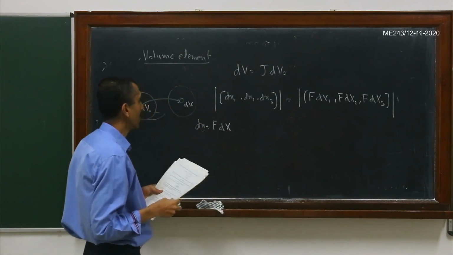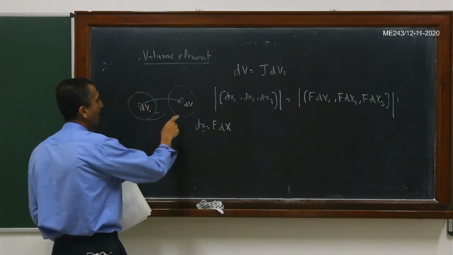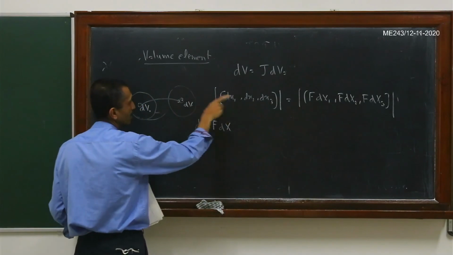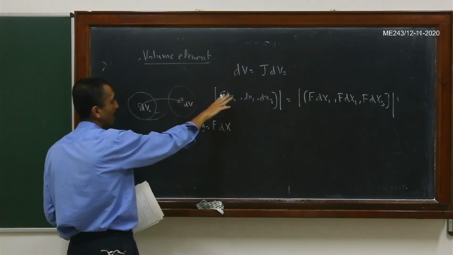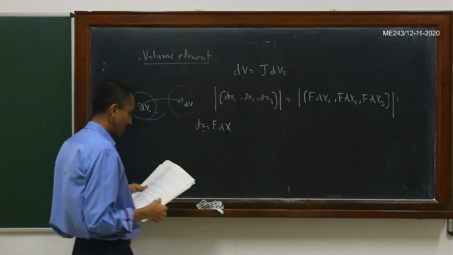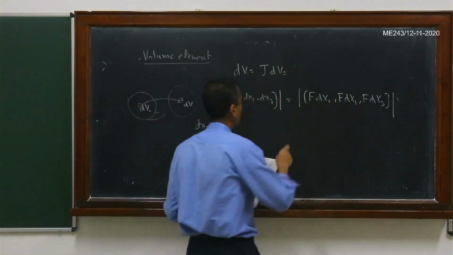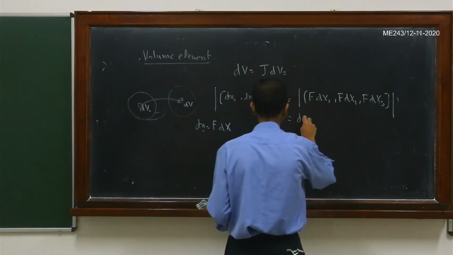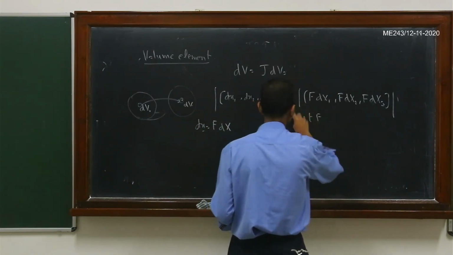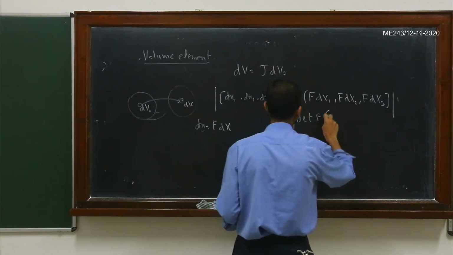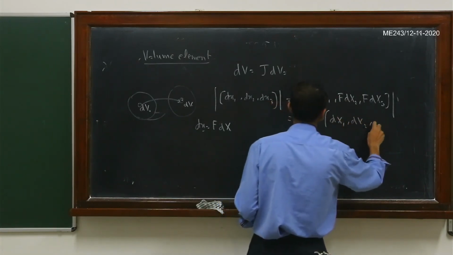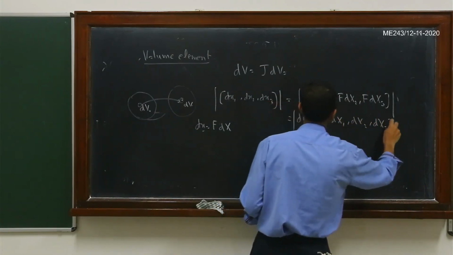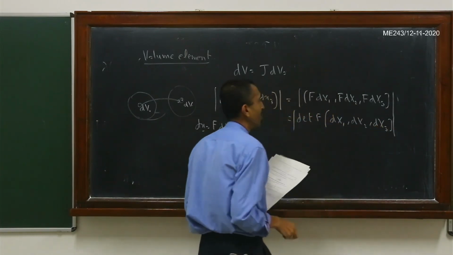Remember that this is all happening at a given point, so this deformation gradient is at the given point which we are considering here. So this can be written as the absolute value of determinant of F times the scalar triple product of dX1, dX2, dX3. This is again the definition of the determinant.